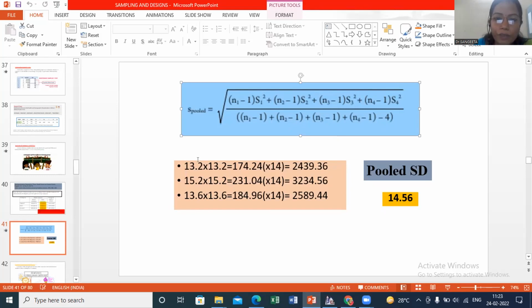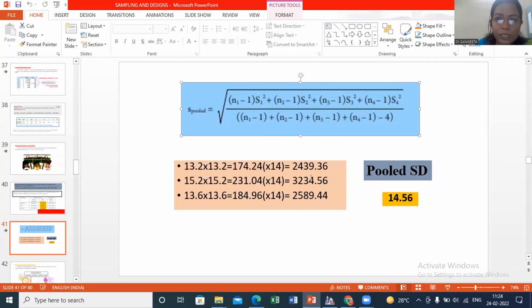So the first one I have calculated, that is 13.2 into 13.2, that is your S1 square, multiplied by 14, that is N1 minus 1. The same thing I have done for the other two groups also. And I have divided it by 14 plus 14, 28, 28 plus 14, 42, 42 minus 3, 39.